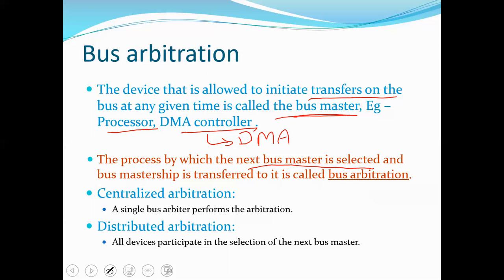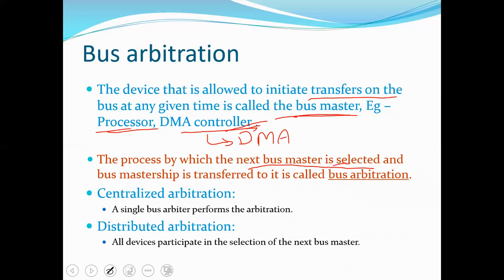As I told, there is a need for selection of the bus master when both any of the DMA controllers and the processor are requesting the bus. So selection of who should be the bus master is needed, and once selection is done, the bus mastership, that is, the ownership of the bus, is given to the selected bus master.